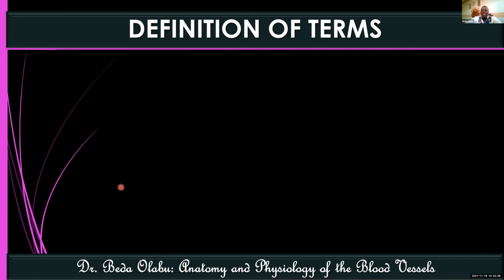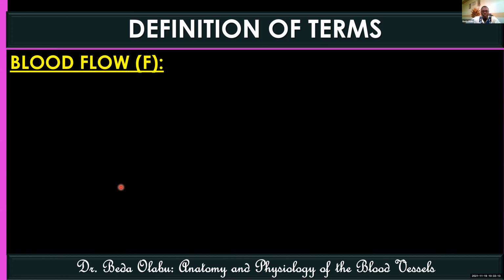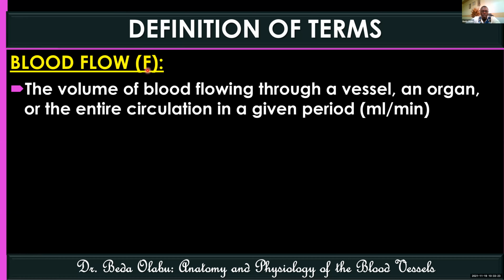First, let's begin by defining some terminologies. The first terminology I want us to define is blood flow. We abbreviate it as F. Blood flow refers to the volume of blood that is flowing through a blood vessel.